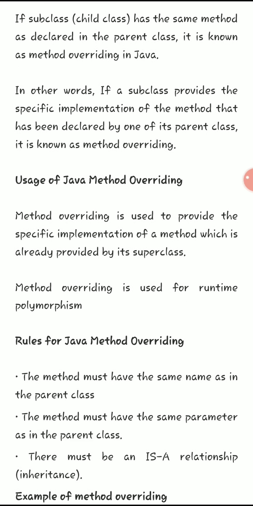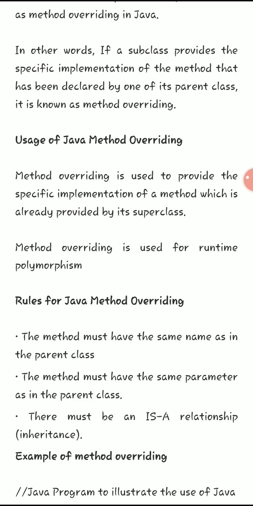Now we see some of the uses of method overriding. It is used to provide the specific implementation of a method which is already given in the superclass. A method would have been defined in the base class, but in the derived class we give the specific implementation of the method.